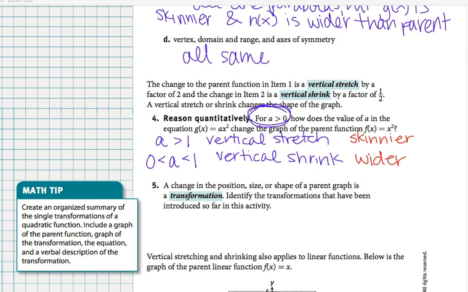All right, so our next question then, number 5, a change in the position, size, or shape of the parent graph is a transformation. Identify the transformations that have been introduced so far in this activity. So that means not just this lesson, but overall.